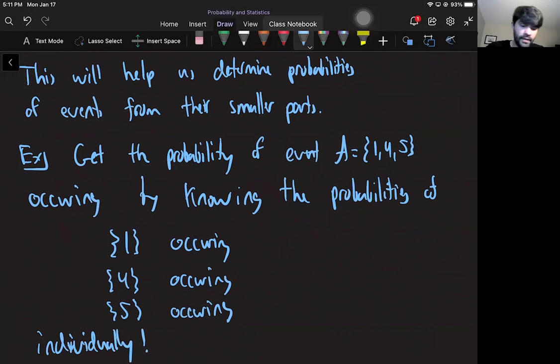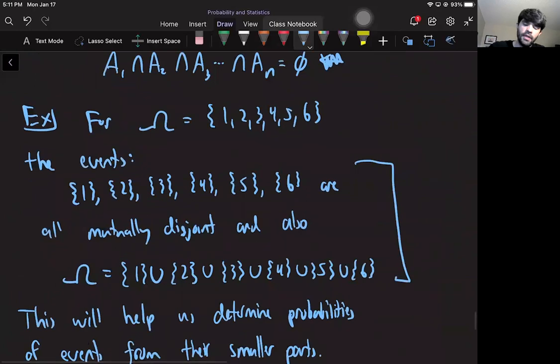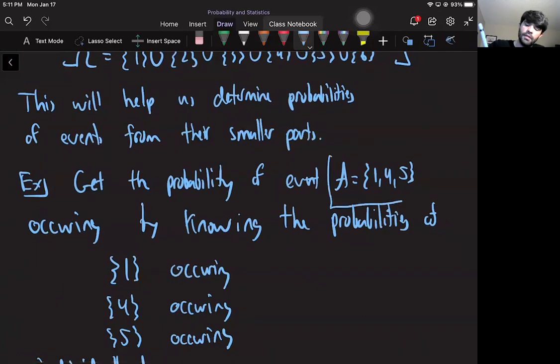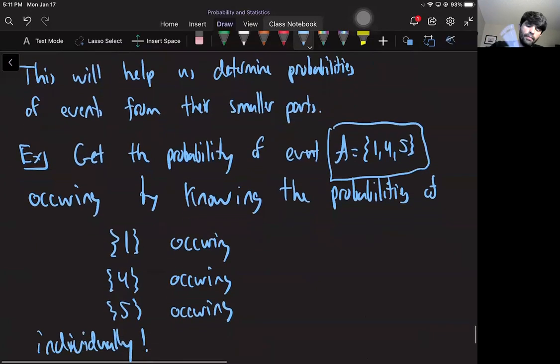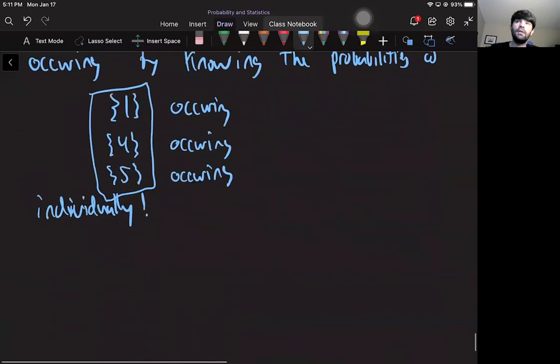So the fact that you can break up the sample space into events where each event has one outcome will help us calculate probabilities of bigger events like this by knowing the probabilities of the smaller events like this. That's for next time, when we actually finally talk about probability.